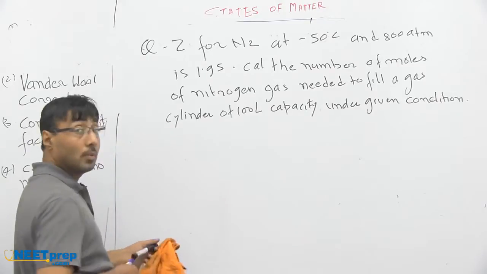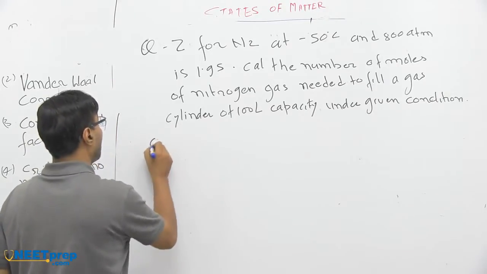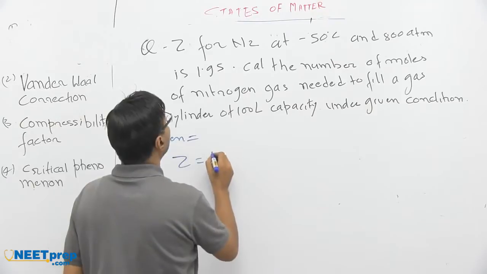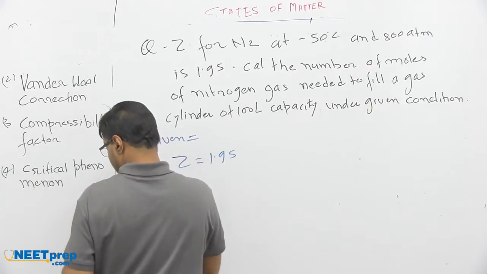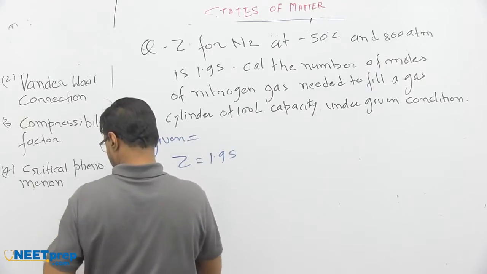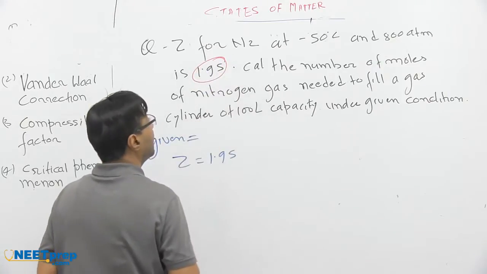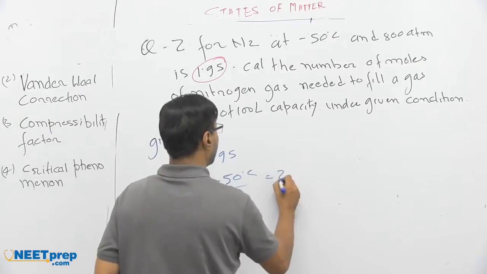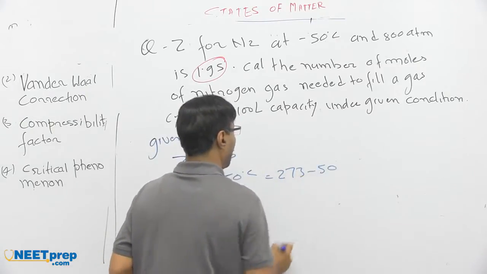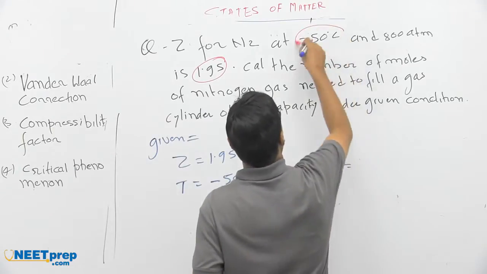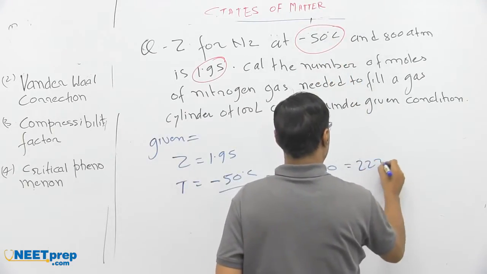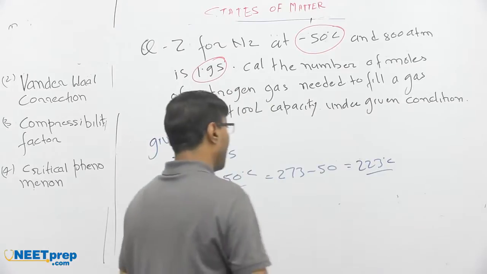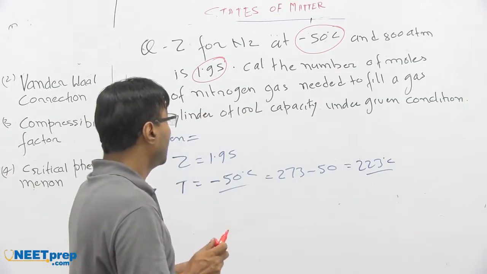So what is given here? Z is given 1.95. T is given minus 50 degrees Celsius, it means 273 minus 50, 223 Kelvin.